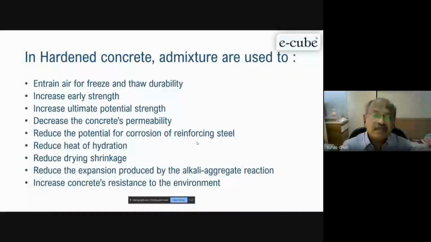Now, whatever infra project we are designing, like the metro or the MTHL, the Mumbai Trans Harbour project, they are designed for more than 100 years of life. So today, we can design a concrete which can last for more than 100 plus years.